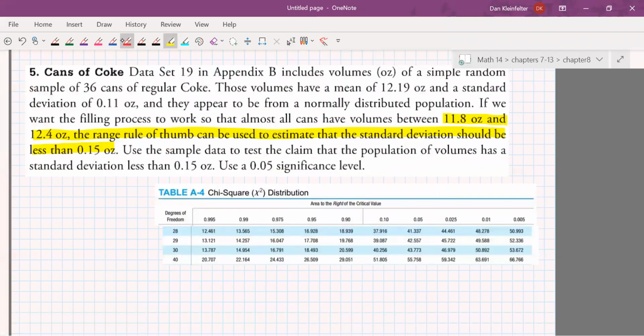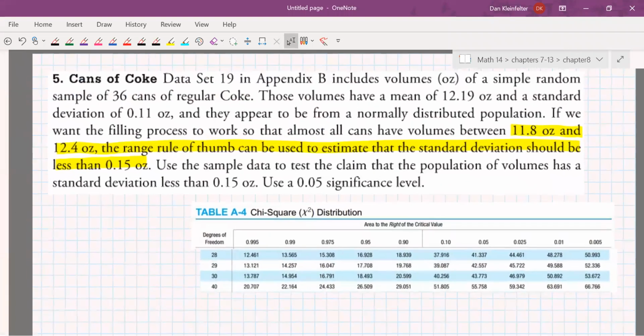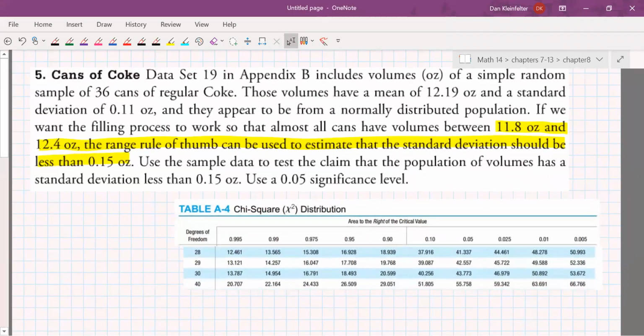All right, so the story for this: data set 19 in Appendix B includes volumes in ounces of a simple random sample of 36 cans of regular Coke. Those volumes have a mean of 12.19 ounces and a standard deviation of 0.11 ounce.